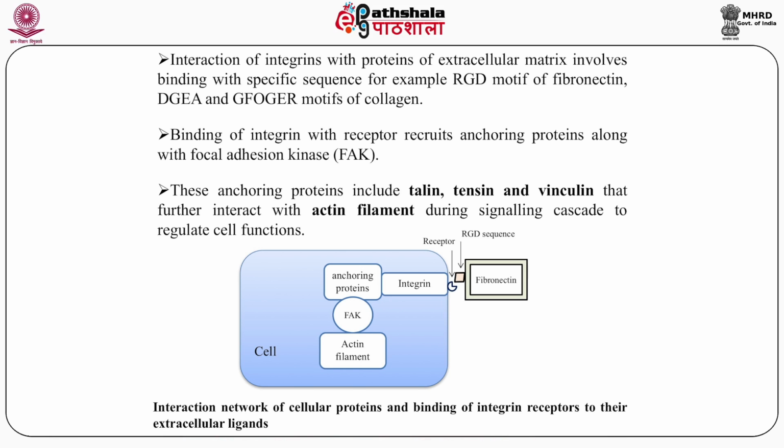These anchoring proteins include talin, tensin and vinculin, which further interact with actin filaments during the signaling cascade to regulate signal functions. This figure shows the interaction network of cellular proteins upon binding of integrin receptors to their extracellular ligands.